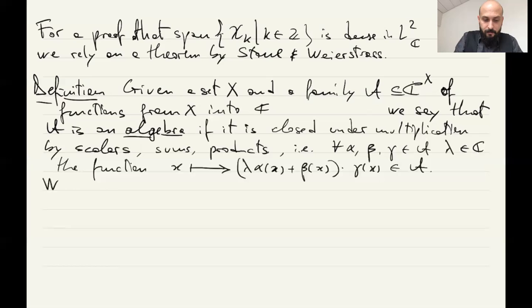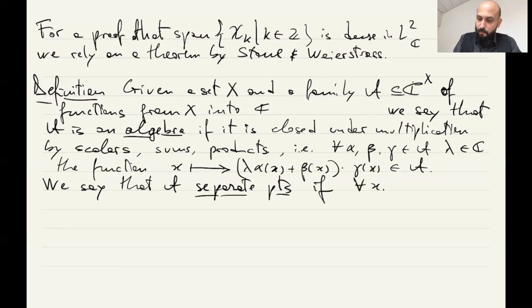And next definition, the last one, we say that A separates points if whenever you take two points of the space X, there exists some function in A for which the values at these points are different.